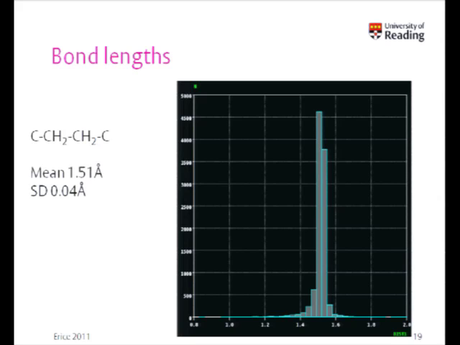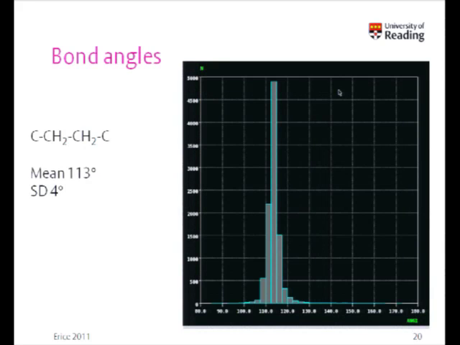So what that's telling you is that within observed crystal structures for that particular motif, you could probably set your CC bond length to 1.51 and not allow it to vary. There's no reason in particular to allow it to vary, at least not during the structure solution stage.